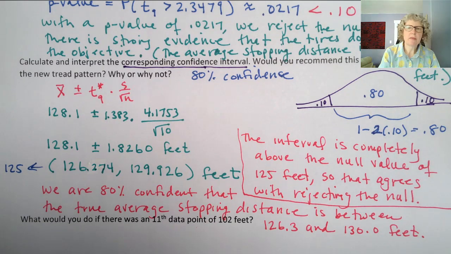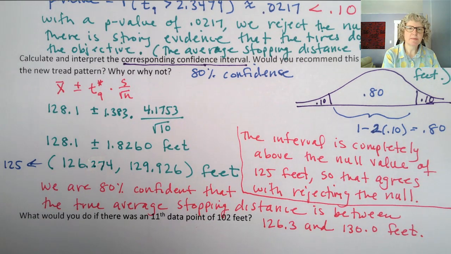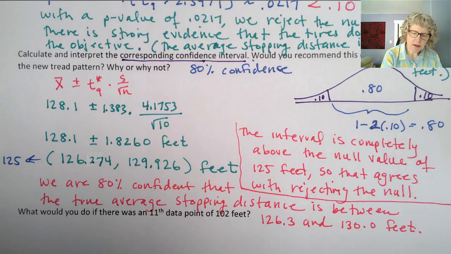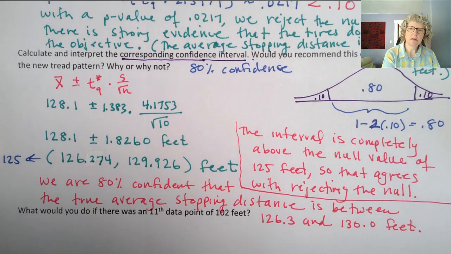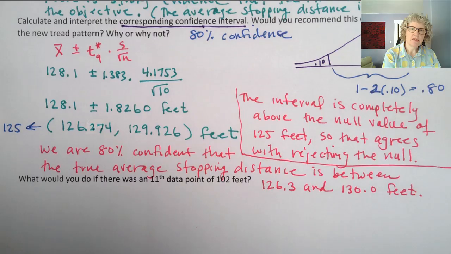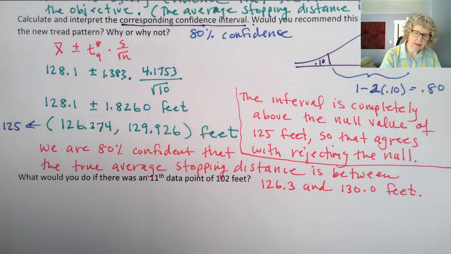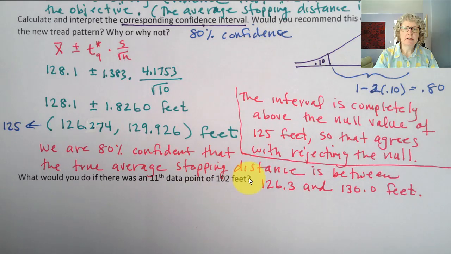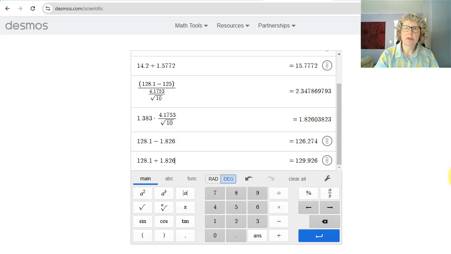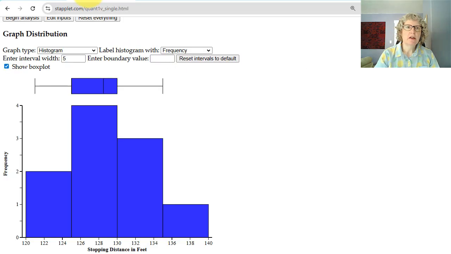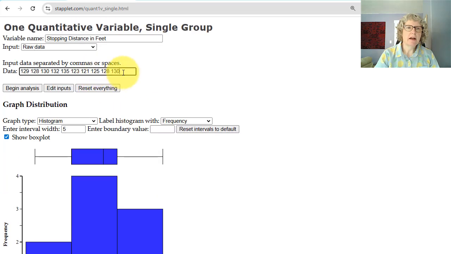Okay, so far? Making sense? Now, here's another question. What would you do if there was an 11th data point of 102 feet? Okay, so I guess we would need to double check. What would that data value do? 102. So let's go back. We can just go ahead and add another data point. So I gotta put a space in there though.